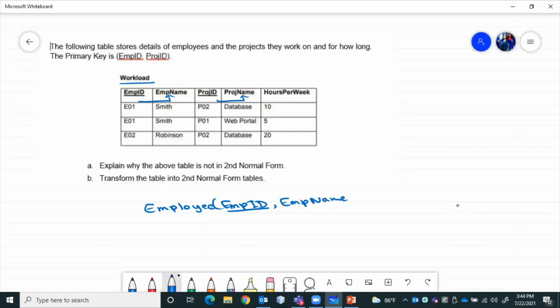And then we have a Project relation, with project ID, PROJ ID, that's the primary key, and then project name. And then hours per week depends on who the employee is and what the project is, so you can go with Workload.